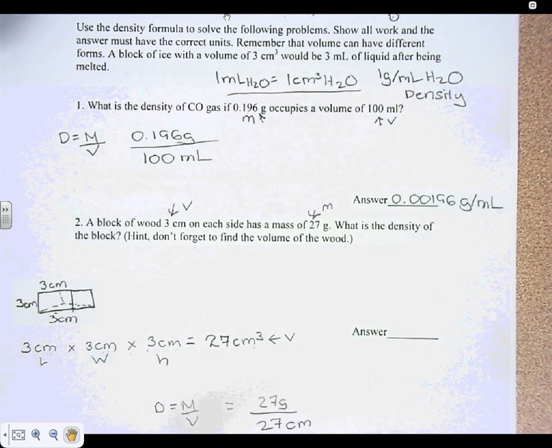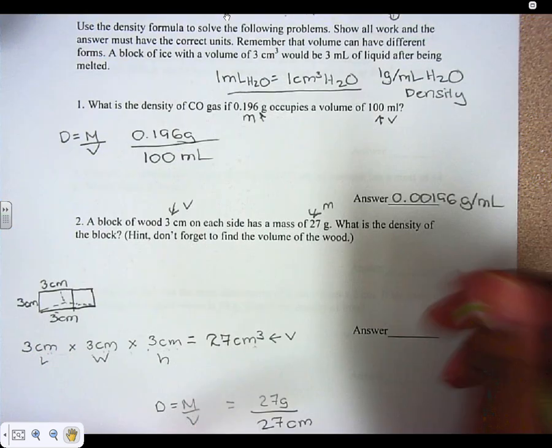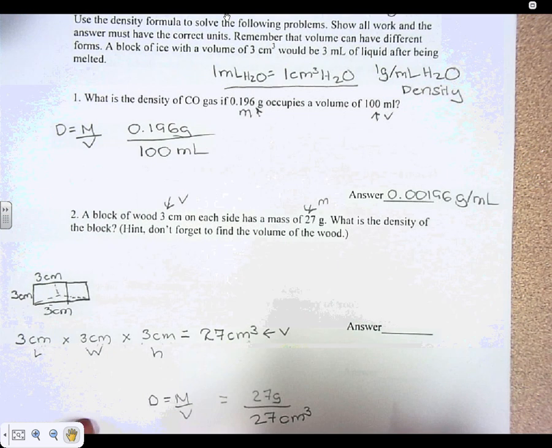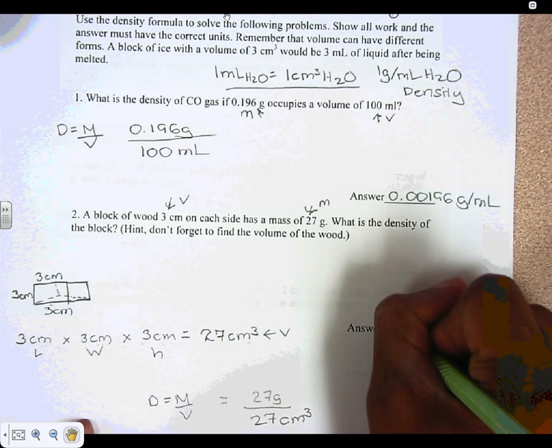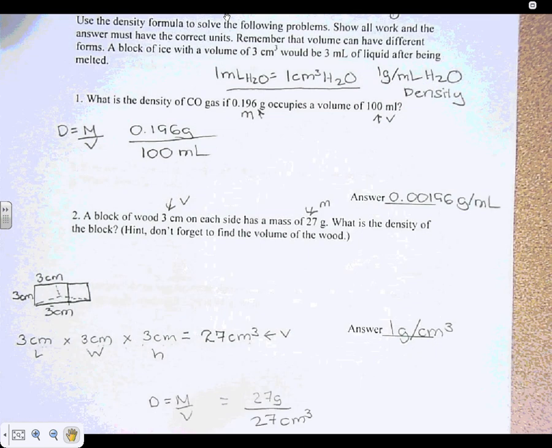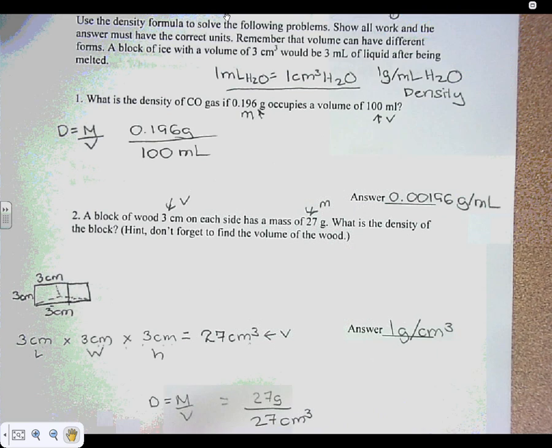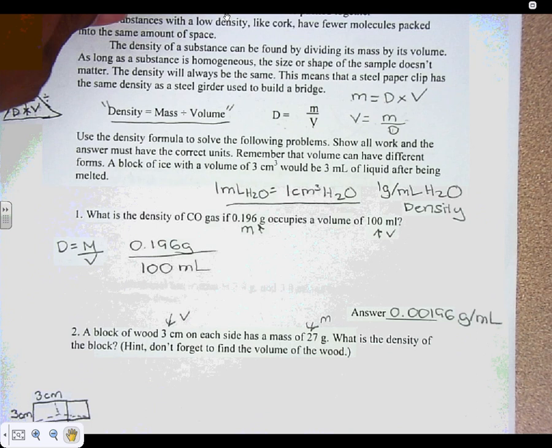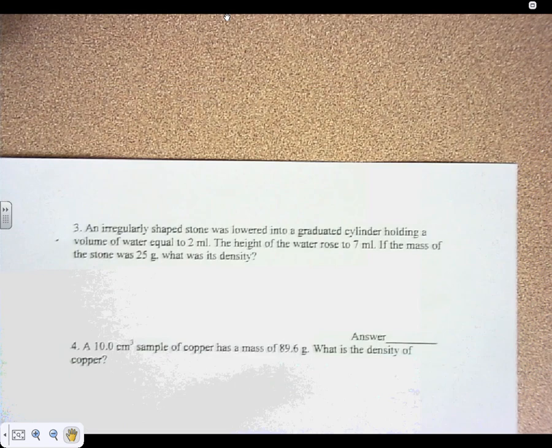I don't need a calculator to see that this is equal to 1 gram over 1 cubic centimeter. And that's our answer. So very straightforward. The only difference here is the volume is represented by cubic centimeters, and we have to ascertain the volume using geometry. Now let's look at some other questions.